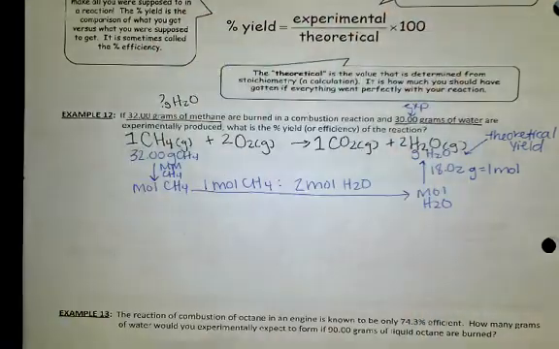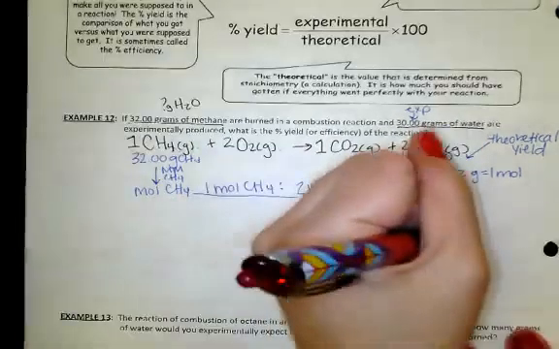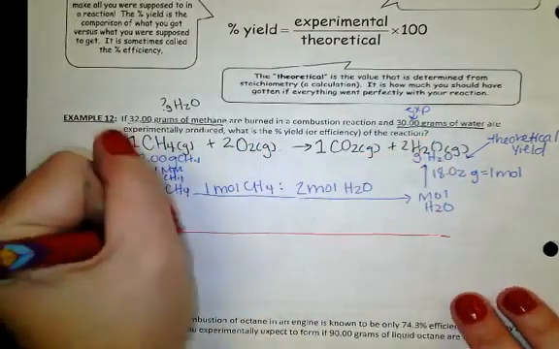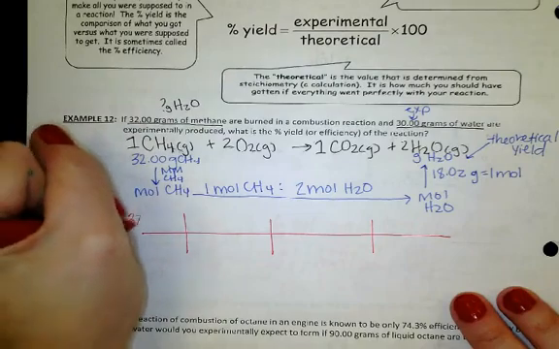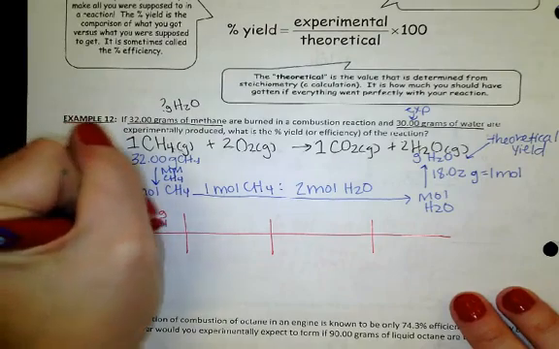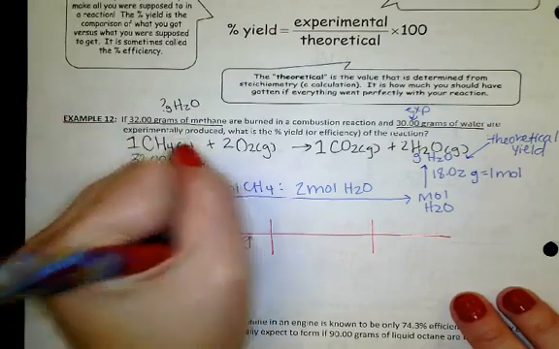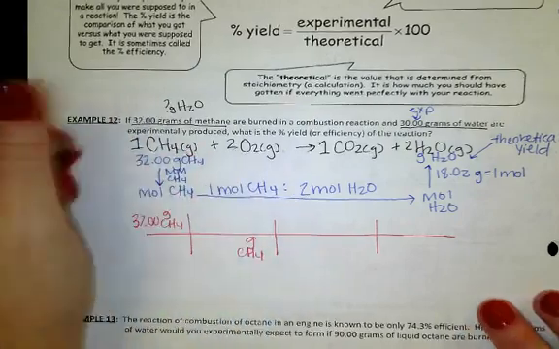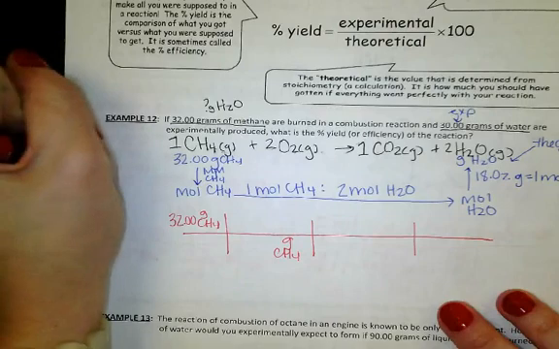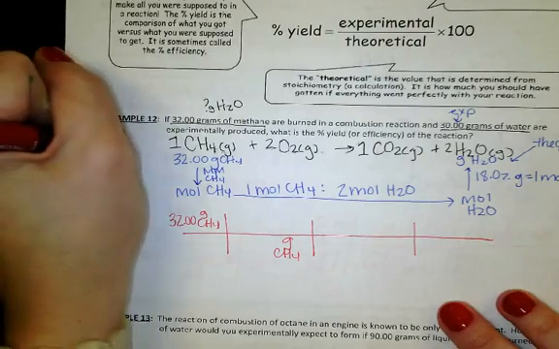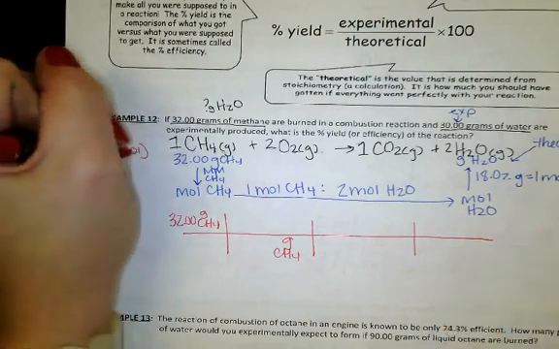So let's calculate that theoretical yield. We're starting with 32 grams of methane, so we're going to put grams of methane on the bottom. Let's calculate that molar mass real quick. We got 12.01 plus 4 times 1.01, and we should get 16.05.